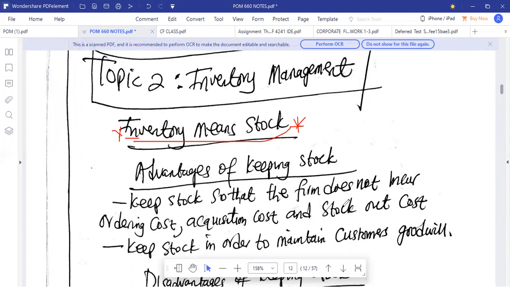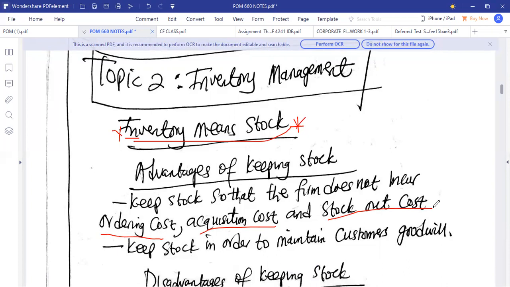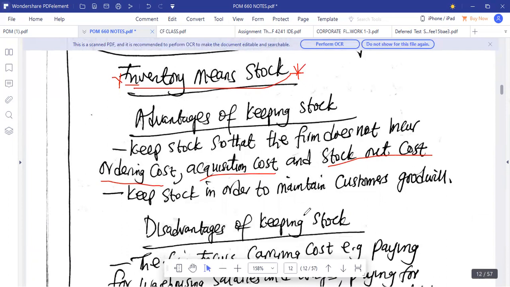You're keeping stock so that you avoid making an order every time. Keep stock so that the firm does not incur ordering cost, acquisition cost, and the stock out costs. You're keeping stock because you're avoiding telling customers that you don't have the stock, because you may end up losing business.